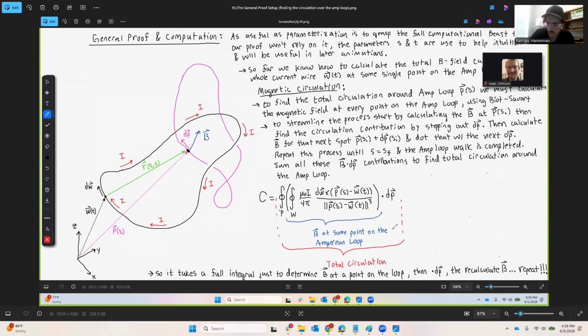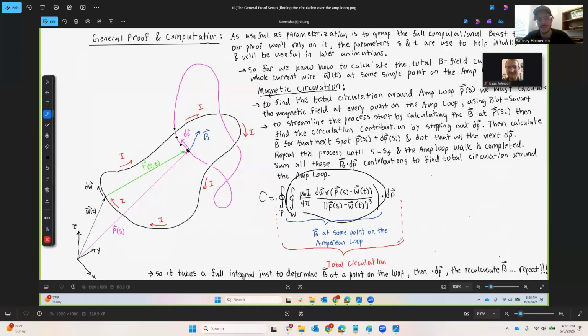Then once we find the field, we dot it with dP to figure out how much that field is in alignment with the particular path step we're taking. That's the outer integral. Because we've got to integrate, right? We've got to figure out how much is B pointing in dp here, how much is B pointing in dp here, how much is B pointing in dp here. And every time we do that, every step we take, we have to integrate this damn thing again.